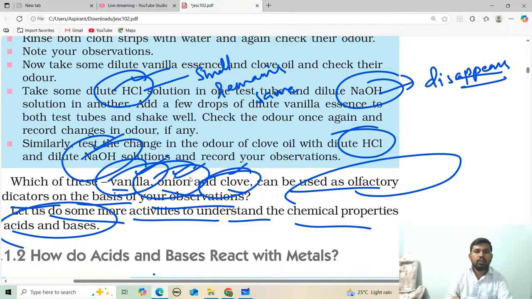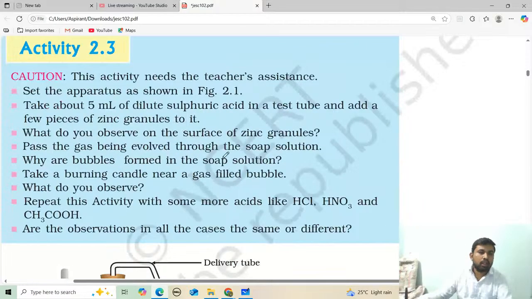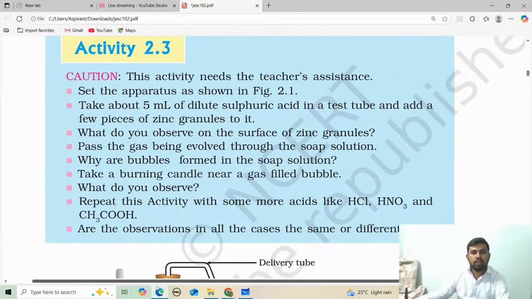Now, after this, they have given an activity that needs teacher assistance, activity 2.1 to 2.3. They give the apparatus as shown in the figure.